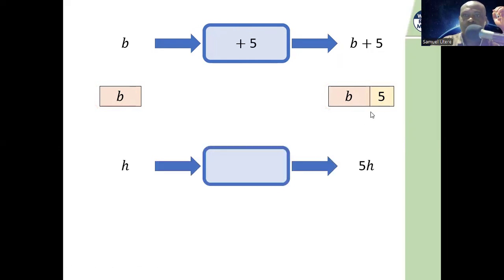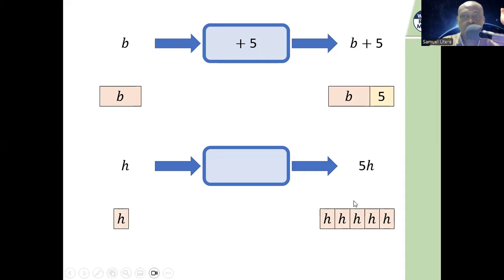What about this one? If we have H and then now we have 5 lots of H, that's interesting. It means we've made it 5 times what it was. And of course, you know the operation that would do that. That would be to multiply by 5. But I want you to think, is there another way that we could rewrite this?